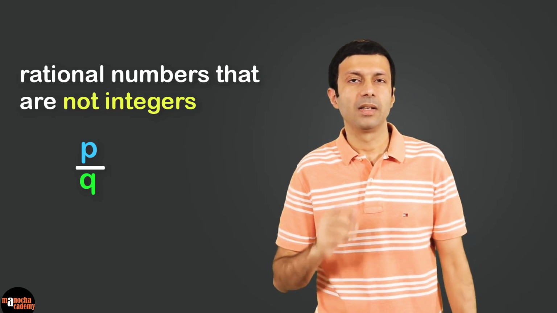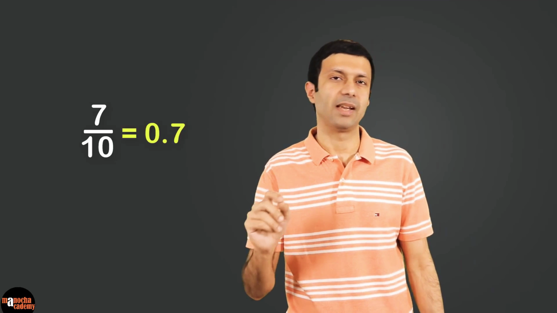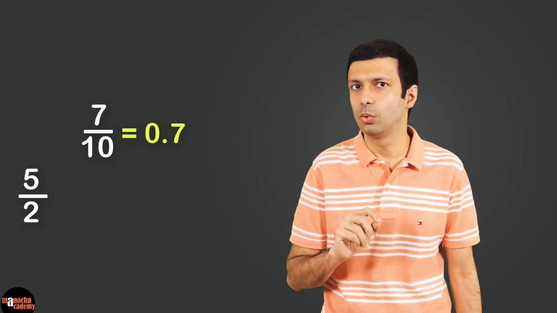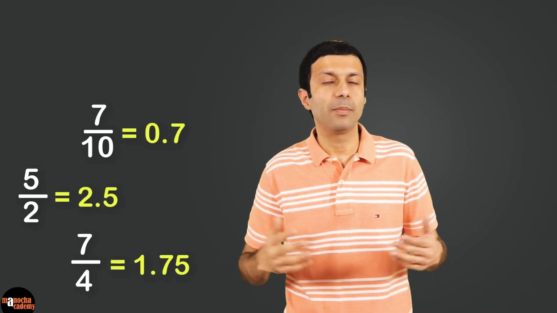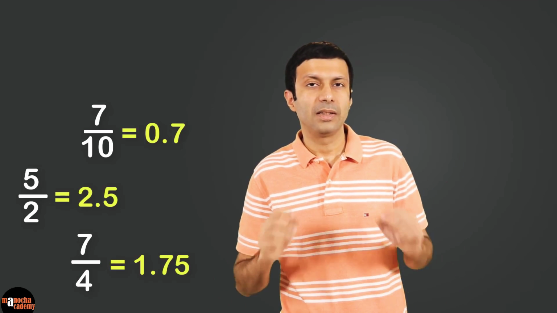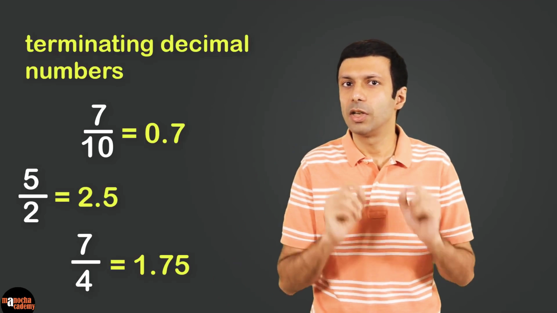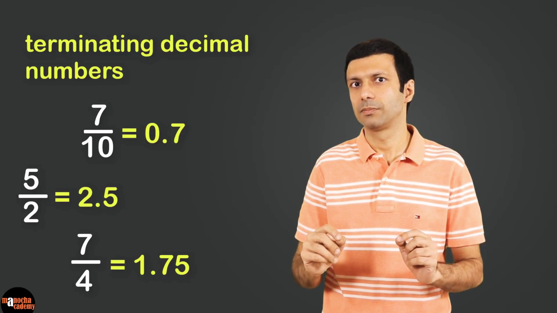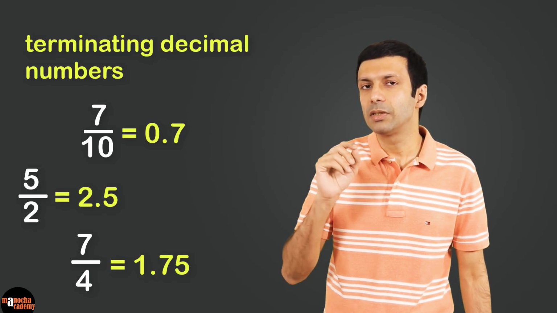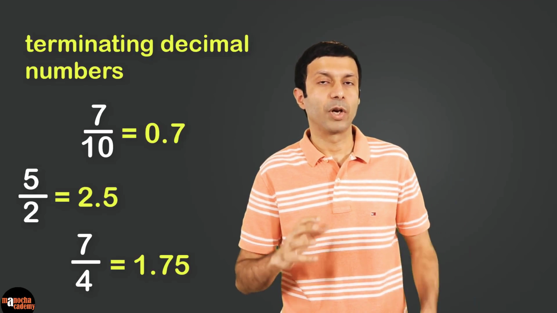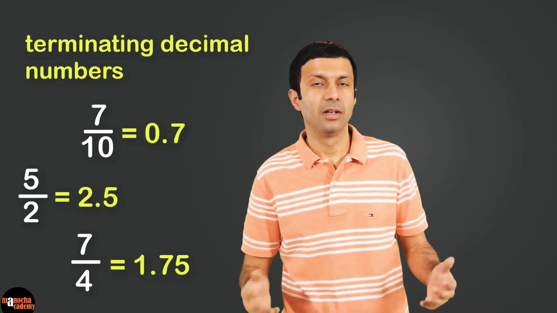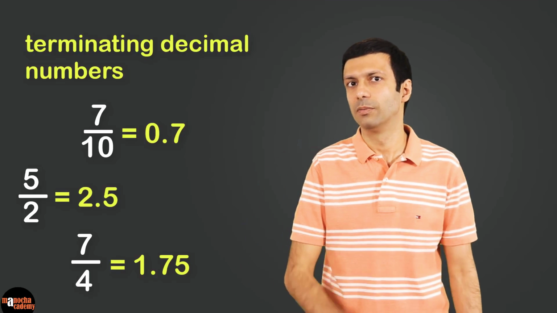For example, 7 by 10 is 0.7, 5 by 2 is 2.5, 7 by 4 is 1.75. These are all examples of terminating decimal numbers. That is, the decimal digits stop or terminate after a point, because on dividing by the denominator, the remainder is 0.